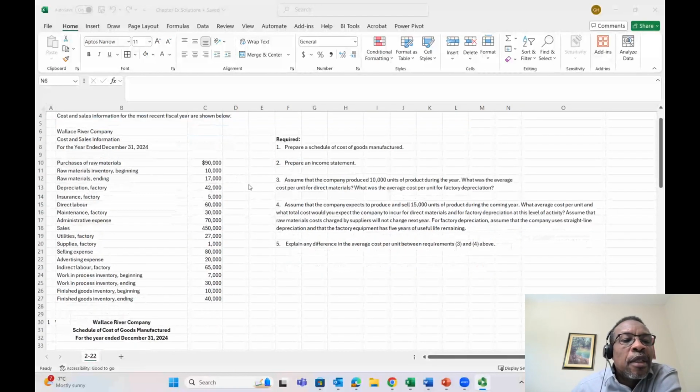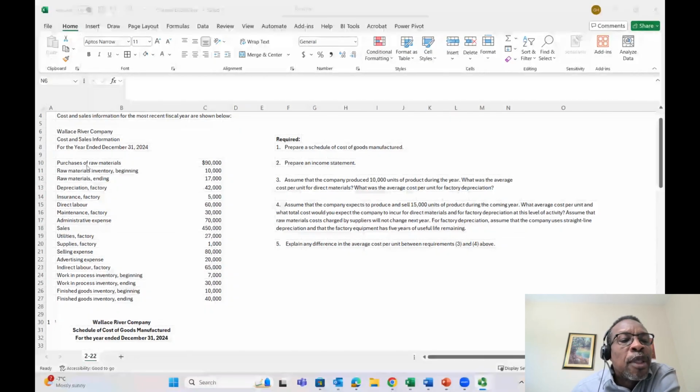So we're given some information here about Wallace River Company for the year ended December 31st, 2024. And we're told that it has raw materials purchases, right? So that's 90,000.